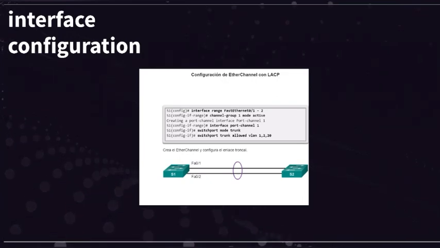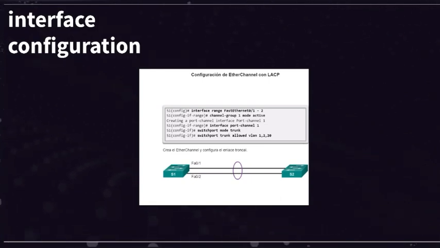Right, interface configuration. Configuration guidelines. The following guidelines and restrictions are useful for configuring EtherChannels. EtherChannel support: all interfaces on all modules must support EtherChannel, without the interfaces needing to be physically contiguous or on the same module.